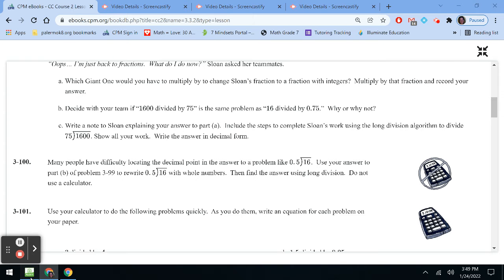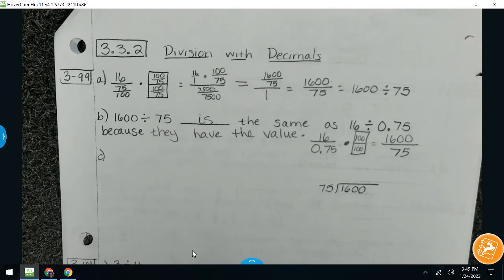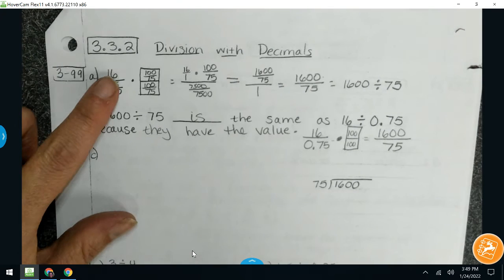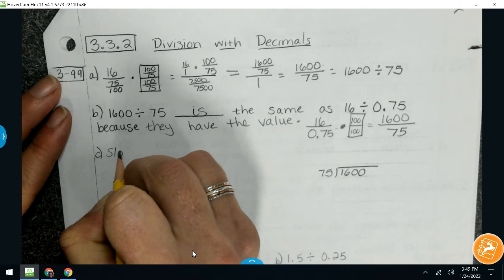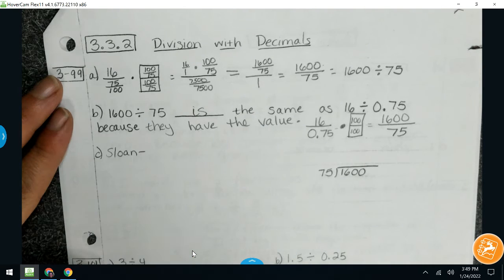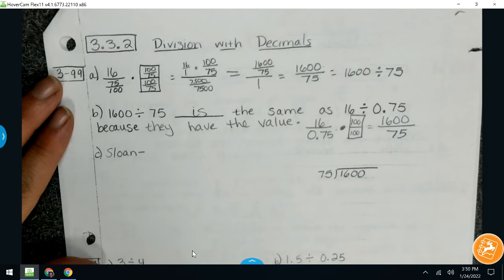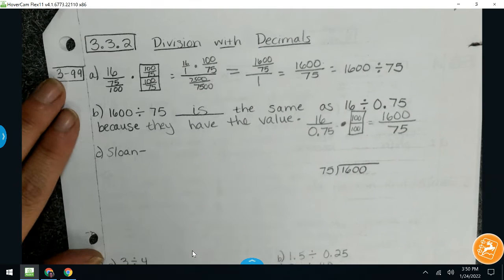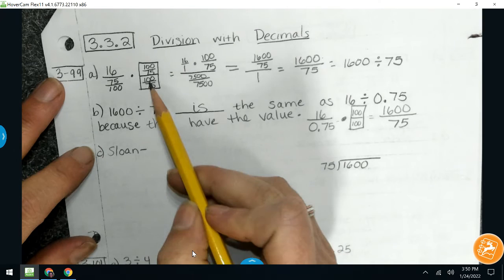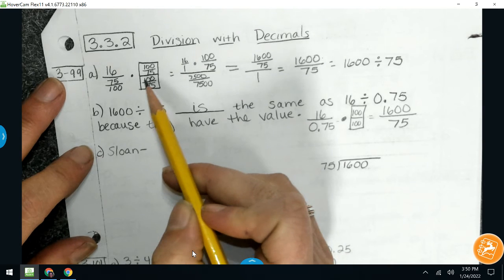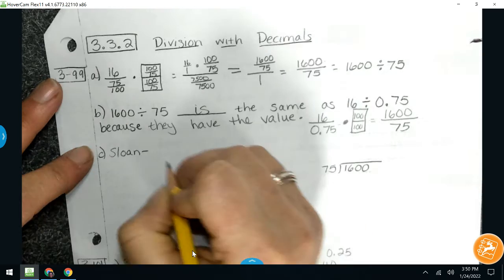So here we go. On here, we're going to write a note telling Sloan how we did this. So Sloan, right, because we're writing her the note. What did we do first? The first thing that we did was we multiplied the denominator by its reciprocal.